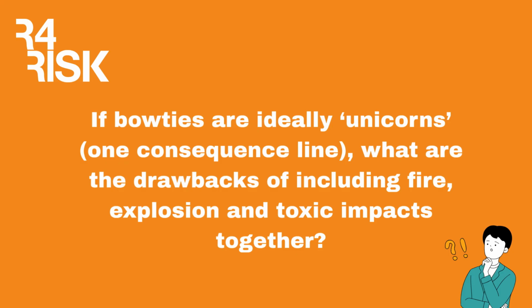But I would definitely recommend having multiple consequences, particularly if it's a loss of containment. If it's stuff like, oh, I've got to create a flammable atmosphere first, which is more of process issues and set points, then it's probably best to separate fire out. But otherwise, I've got no issues with that as long as it makes sense.